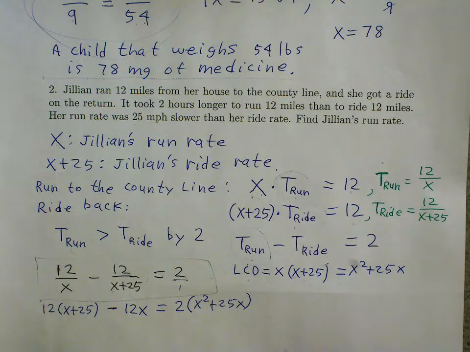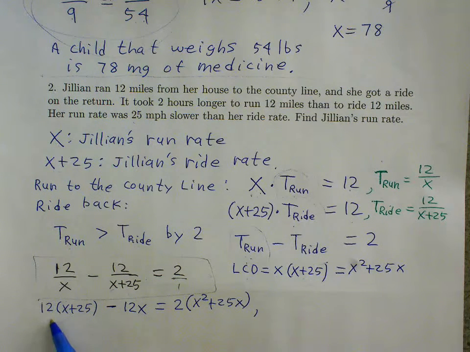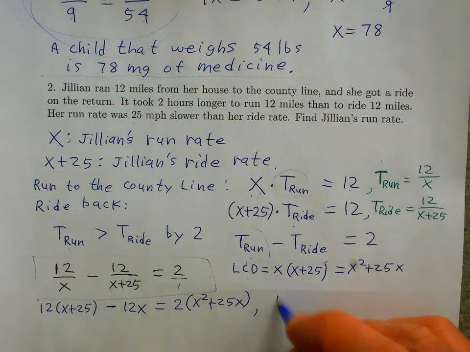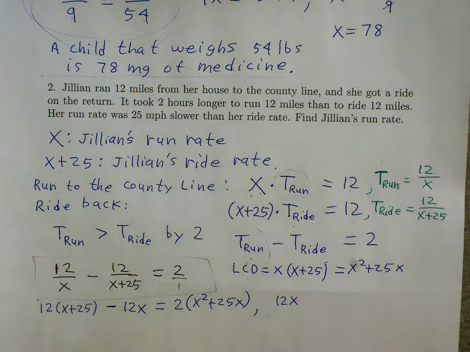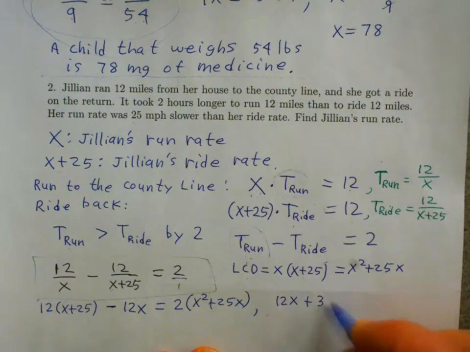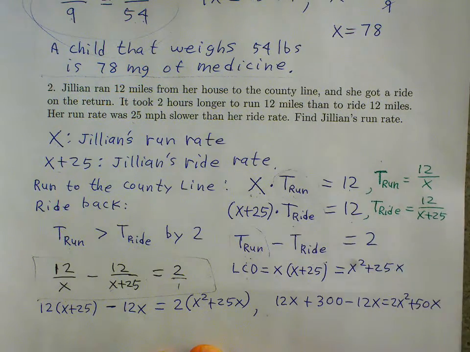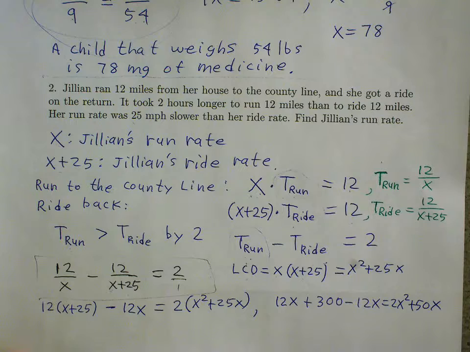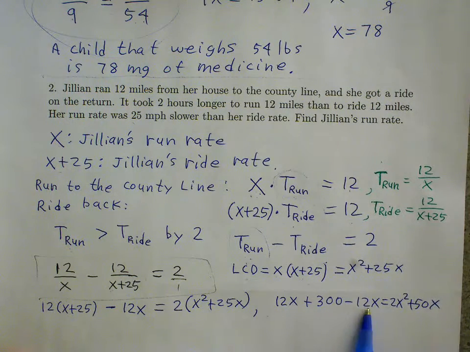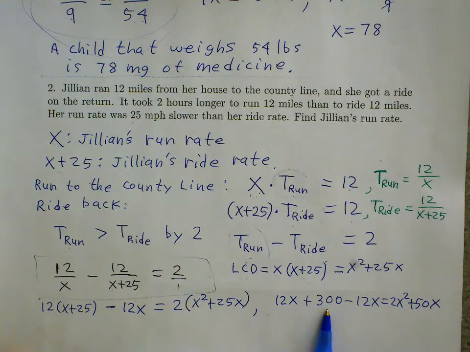Then we just do some arithmetic and algebra. Multiply 12 times x plus 25. We get 12x plus 300 minus 12x equals 2x squared plus 50x. 12x minus 12x cancels on the left-hand side, which leaves us with 300.